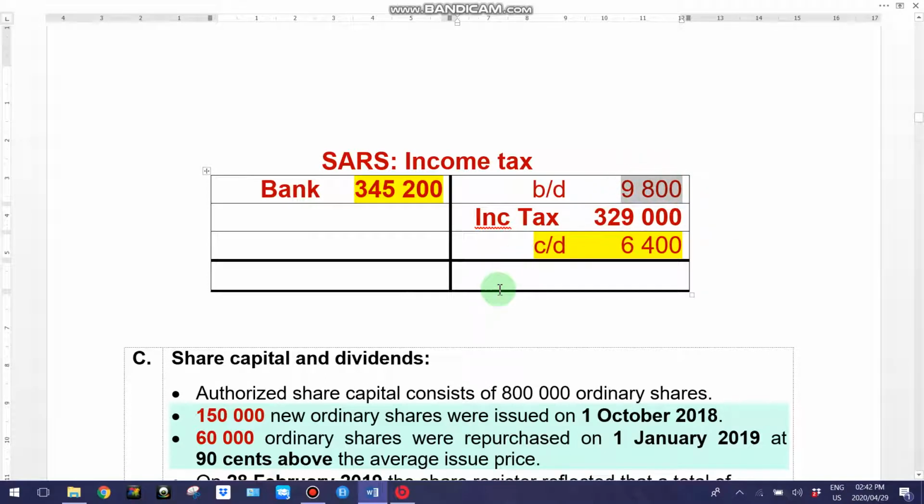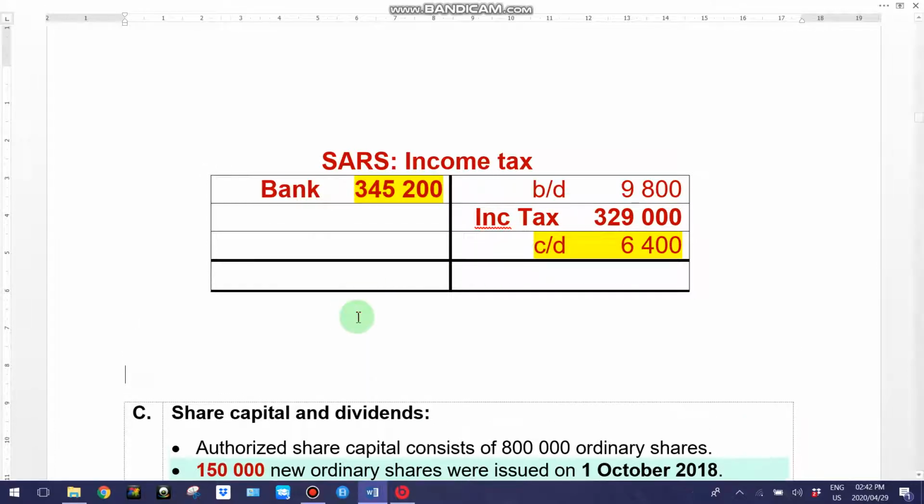This is what I owed them last year, and that's going to be part of the amount that I paid. And then at the end of the year, I paid an additional 6,400 rands, and therefore the actual tax money that I gave to SARS was 345,000 rands. Okay, so I hope you have understood that one, and also practice many examples.